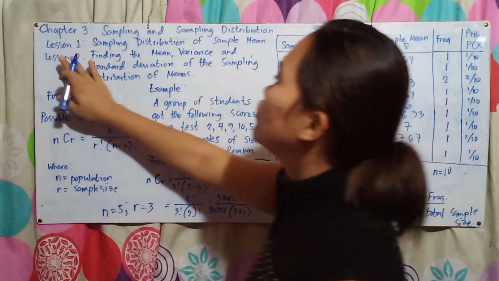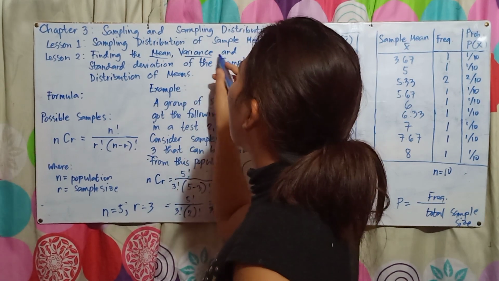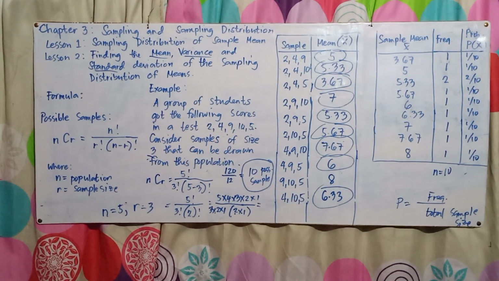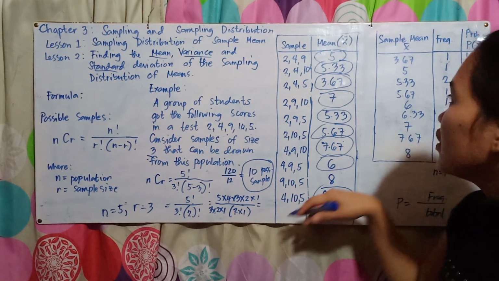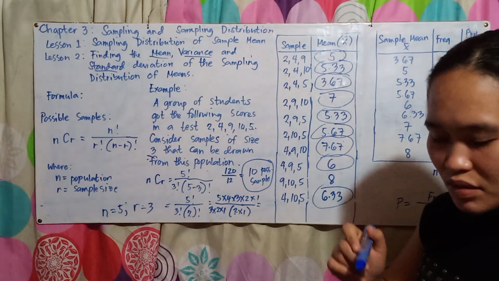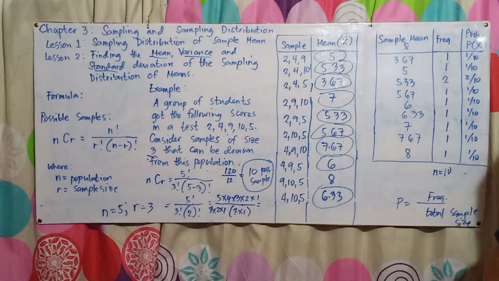In lesson 2, finding the mean, variance, and standard deviation, we continue with this table. Same process as lesson 1: x minus mean squared, times P of x. Let me show you.